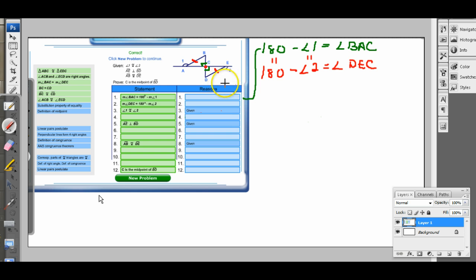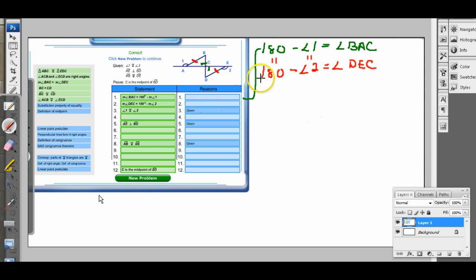We were given things in red and green, and we are also given this in blue.